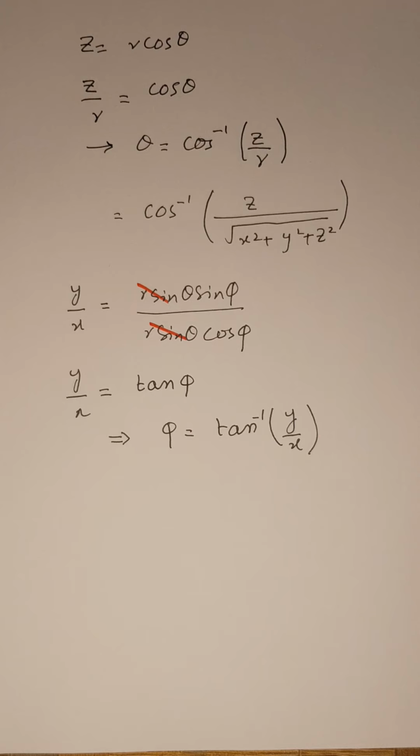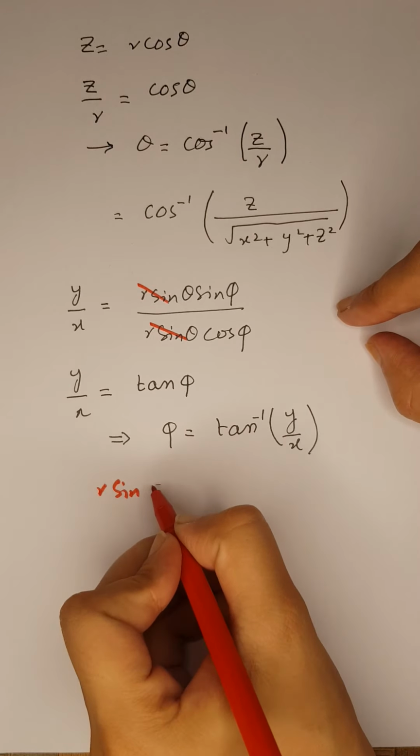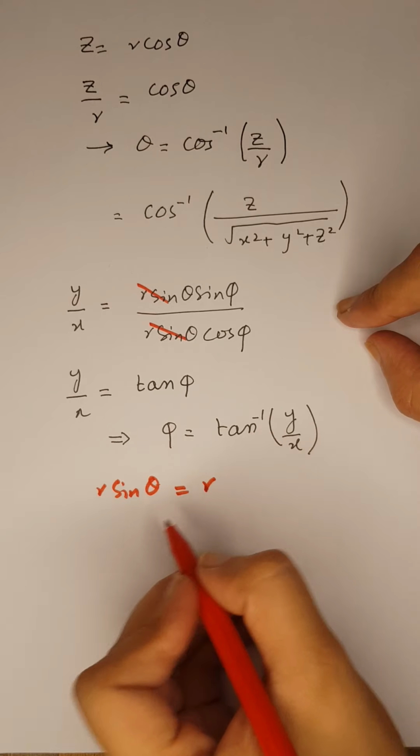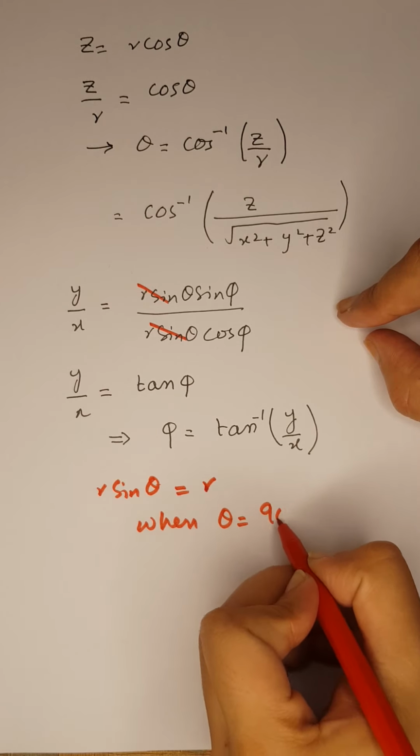Some things that you must notice, let me show you. r sine theta is equal to the radius of the sphere only when theta is equal to 90 degrees.